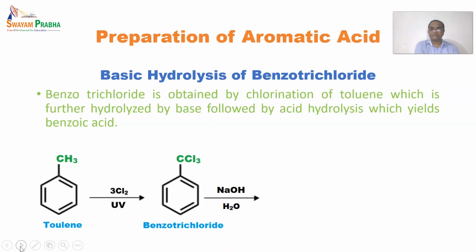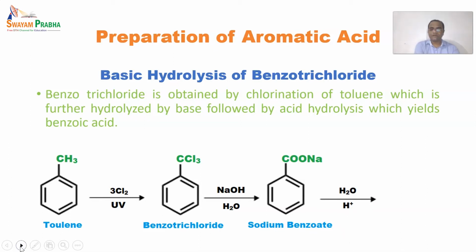After that it is hydrolyzed by base, so it forms a salt, also called sodium benzoate, and further it is added to an acid or acidified water, and it forms benzoic acid.